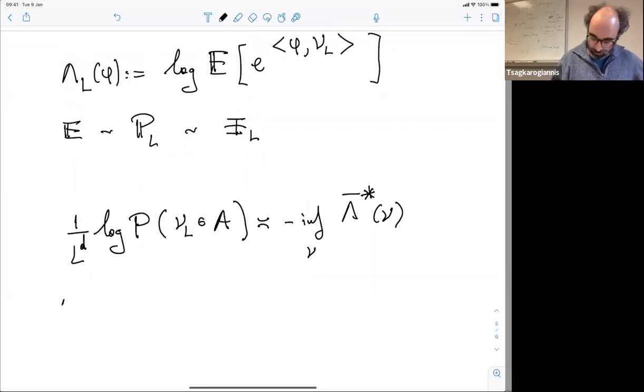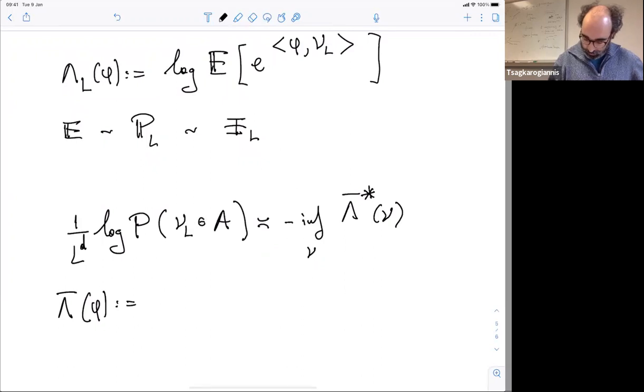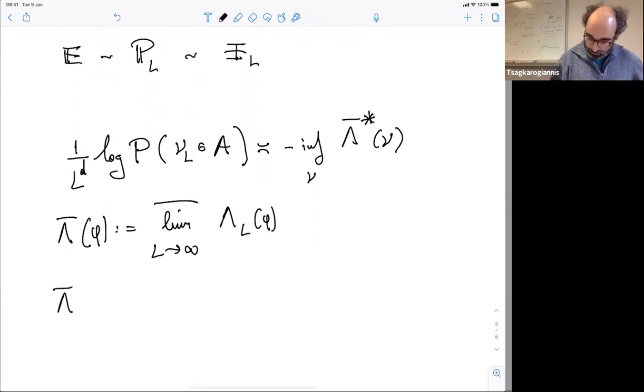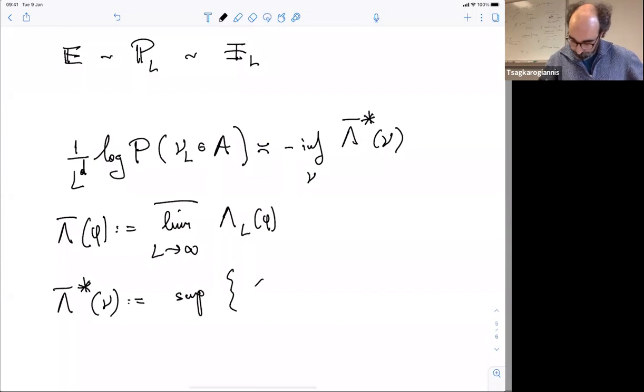So where lambda bar of phi is the lim sup, and lambda bar star, now on the dual space of measures, will be the Legendre transform of phi nu minus lambda bar.